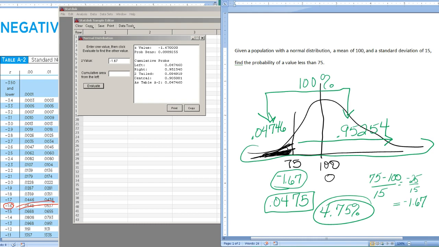It takes up all of probability. All right, so from the left of this line is this much, and from the right is this much, and all of it together is 100%. So it's giving you from the left and the right of your line of negative 1.67. So that's what you're reading from StatDisk. Okay, I hope that helps.